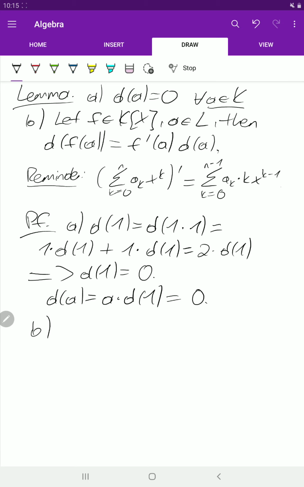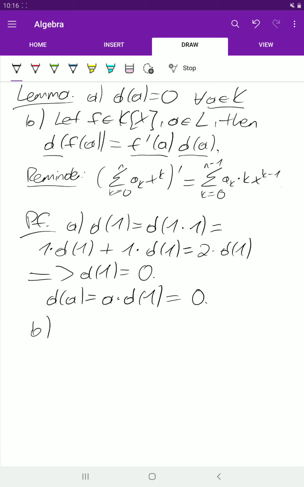First, let me tell you that it's enough to prove this for monomials, because if we have it for monomials, then here this D is linear, and also f prime is linear, and we just multiply by D of A, so the right hand side is also linear.